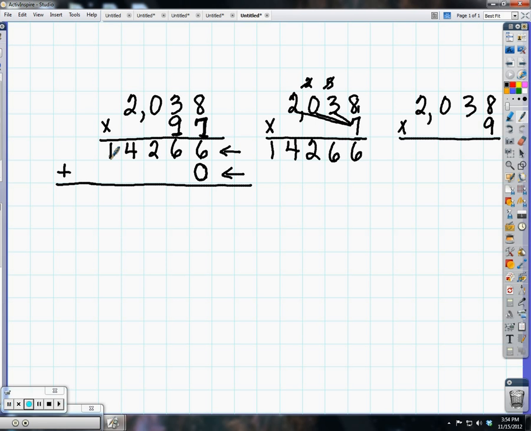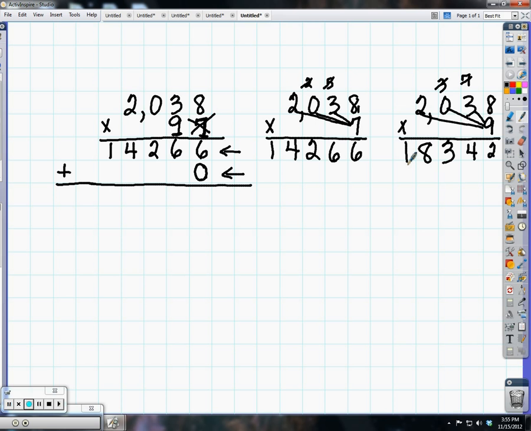Now on the second part of my problem, I'm now done multiplying by 7. 2,038 multiplied by 9. 9 times 8 is 72. Put down the 2, carry the 7. 9 times 3 is 27, plus 7 is 34. Put down the 4, carry the 3. 9 times 0 is 0, plus 3 is 3. 9 times 2 is 18.